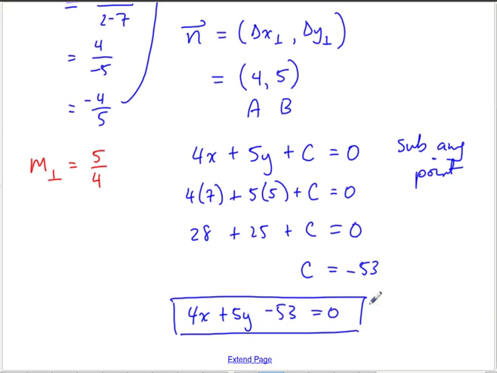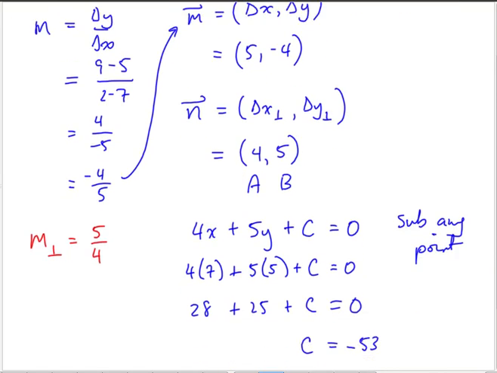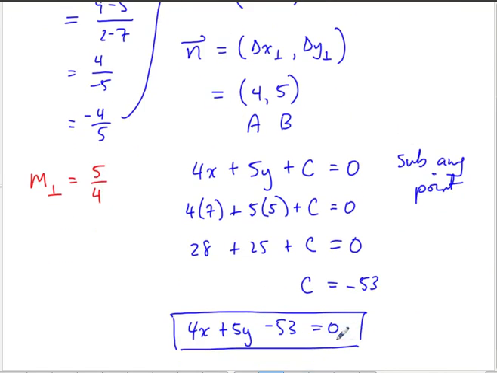Now you might ask, and it would be a valid question, why on earth would I worry about all of this vector nonsense when with the slope to slope-intercept form I can very easily find the Cartesian equation? The answer is I'm showing this to you in the context of an example that you could do that way and you would understand it completely.